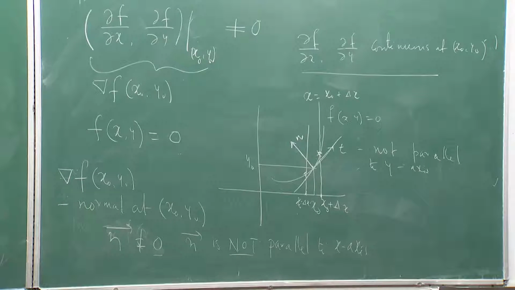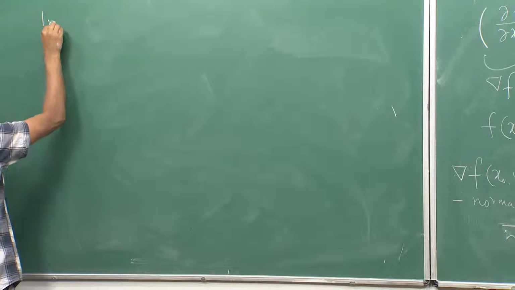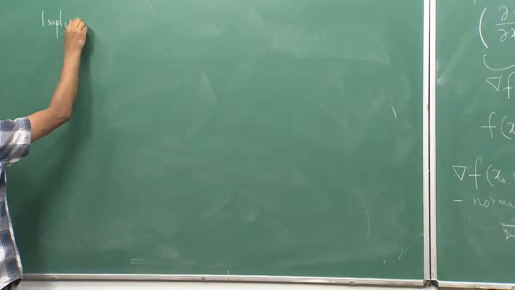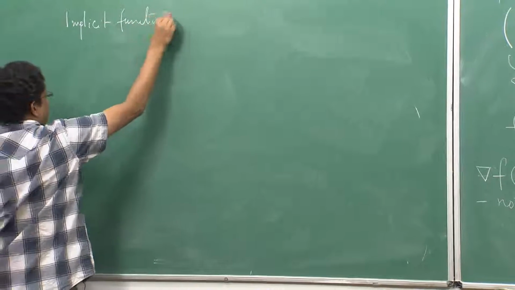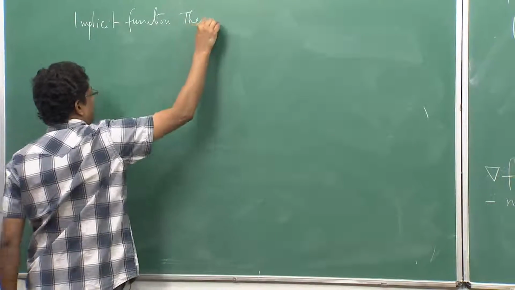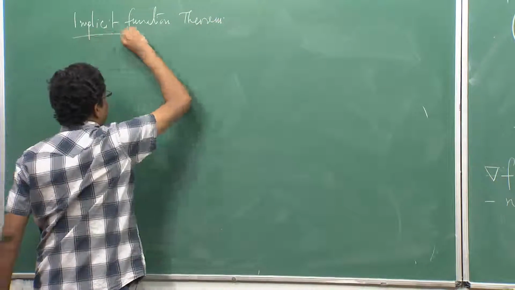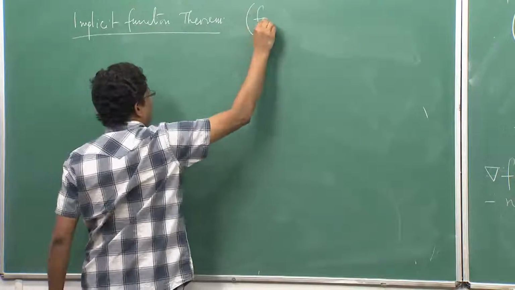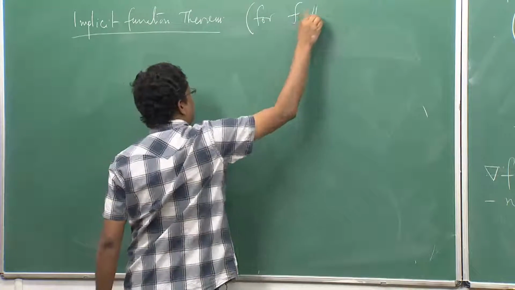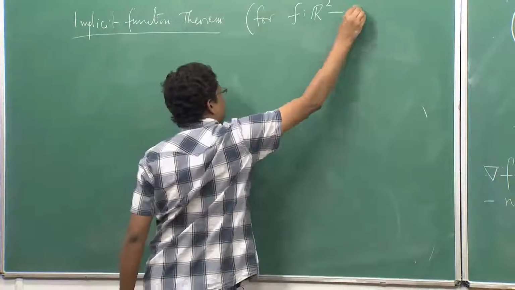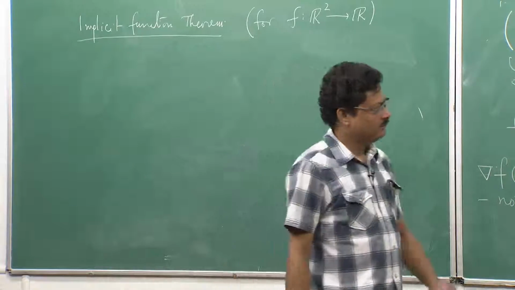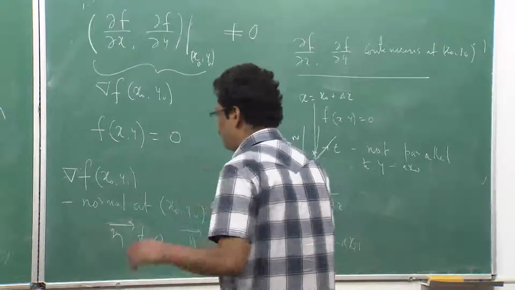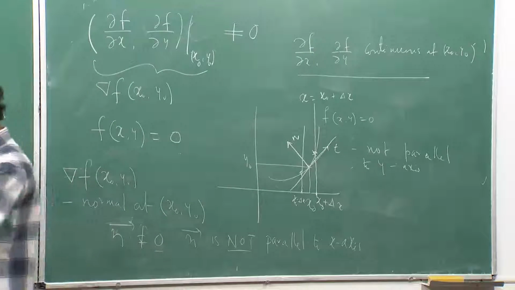So, let me state the implicit function theorem for a function of two variables, for f from R2 to R. When you state a theorem and prove a theorem, you have to do it carefully. So far we have been doing it informally, whatever we need. So, we put it formally now.